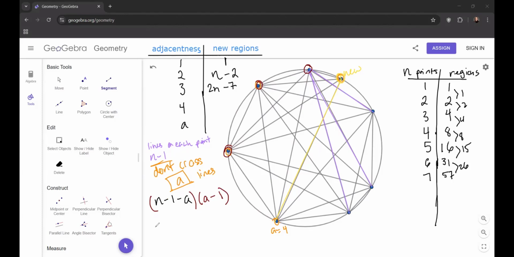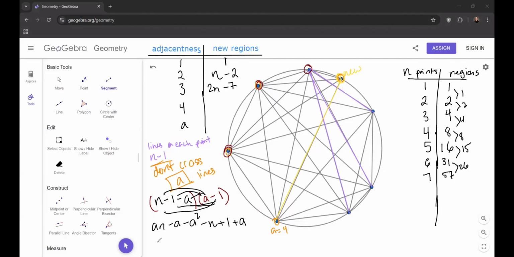So I'm going to go ahead and multiply this out. I mean, we could leave it here and just say, hey, that's our formula. But I am going to multiply it out so we can sort of see it more in this structure. So if I distribute the a, I get an minus a squared. If I distribute the negative 1, I get minus n plus 1 plus a. So I want to end up with all my n's grouped together and just some constant.